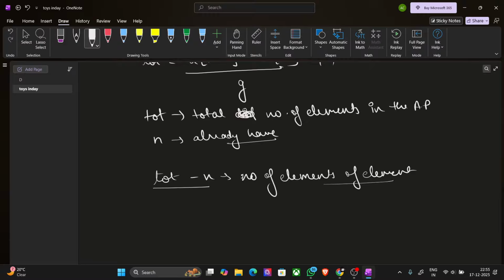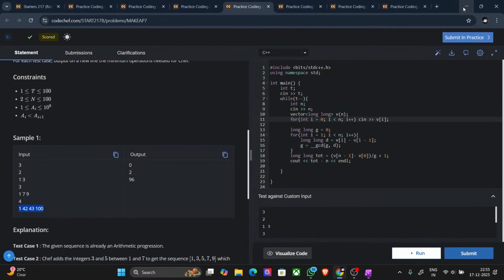Okay. Now moving toward the solution. As you can see, I have taken the input here. Then I have taken G, which is the GCD for all the differences. I have iterated over the array, taken the difference of every two consecutive elements, and then taken the GCD with it.